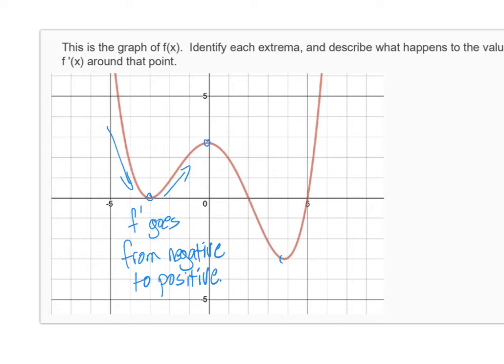All right, around my other, keeps accidentally switching to eraser. At my other local minimum, f prime also goes from negative to positive because we're going from decreasing to increasing.